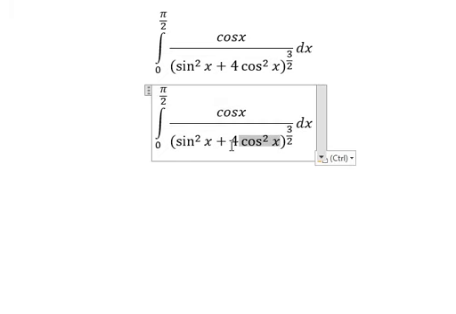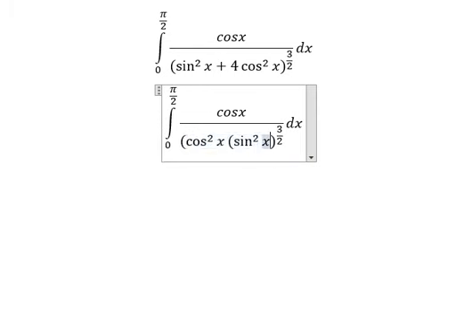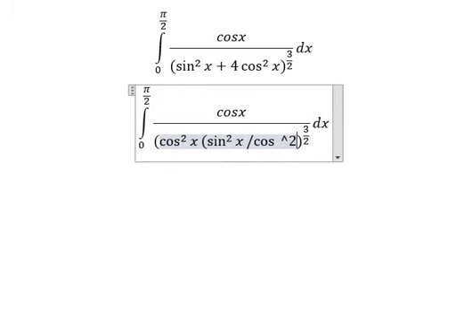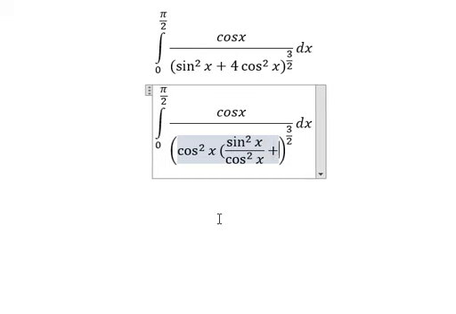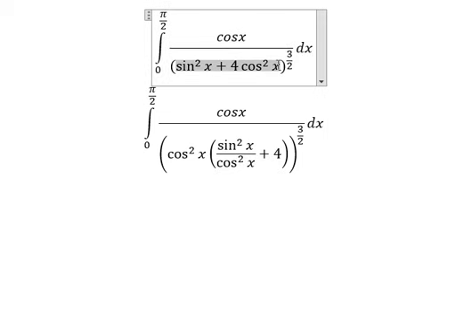We need to do factorization by cosine x squared, and we have it like this. Because cosine x squared multiplied by this one will return back to this one.